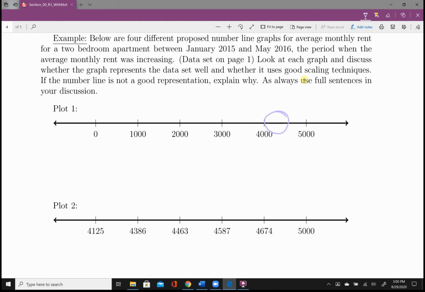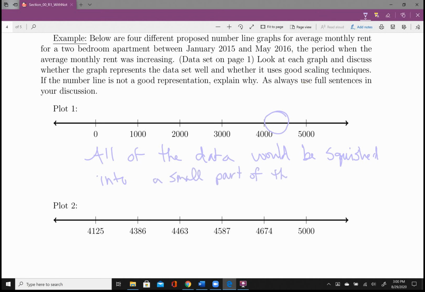So we'll say all of the data would be squished, technical term, into a small part of the number line, leaving a bunch of empty space.